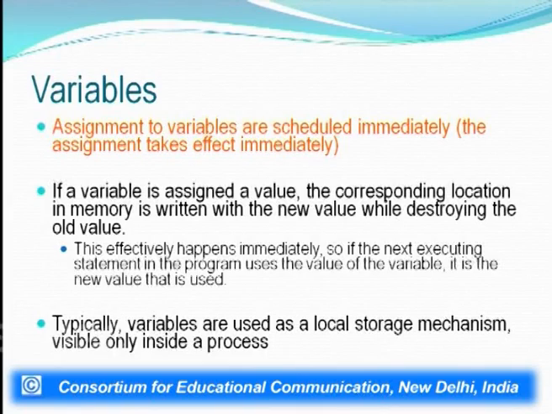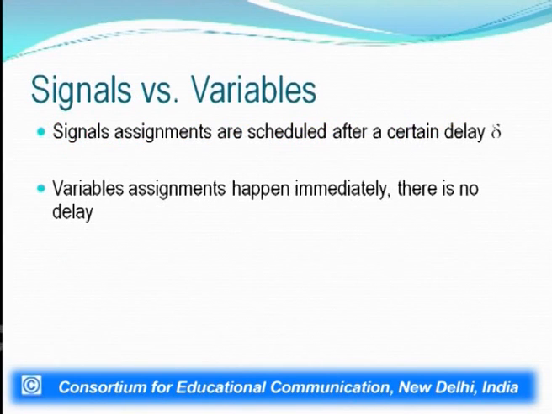So, this effectively happens immediately. So, if the next executing statement in the program uses the value of the variable, it will be using the new value because the old value has been overwritten. So, typically variables are used for local storage mechanisms and are visible only inside the process, as opposed to signals which can be globally visible.